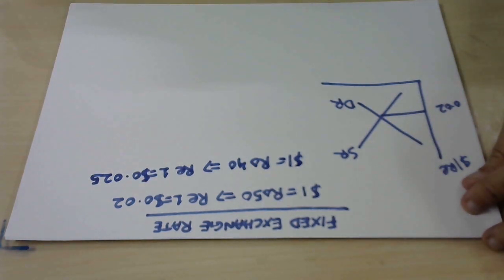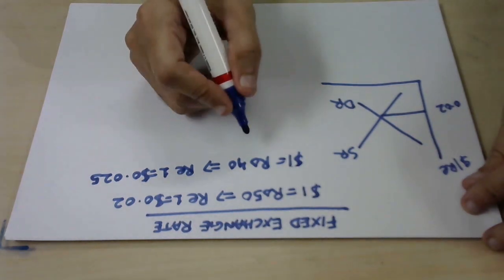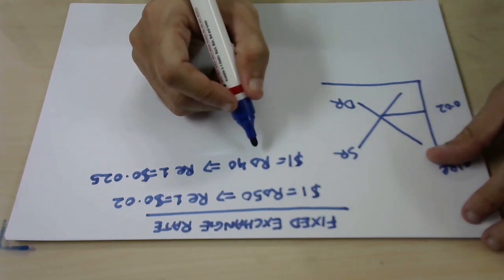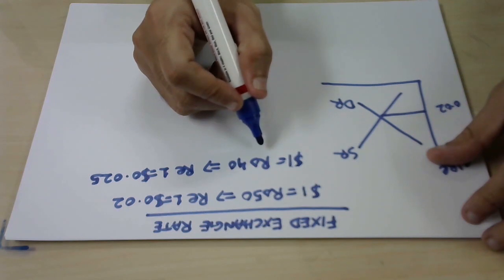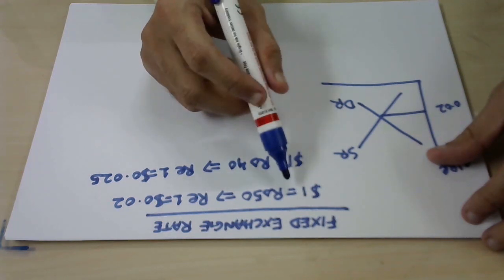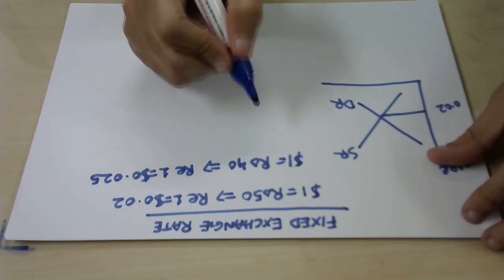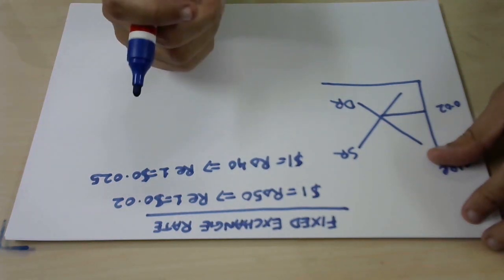Now what will happen? The central bank is remaining committed to give 50 rupees, so I will take 40 rupees, buy $1 from the market, and sell this $1 to the central bank to get 50 rupees, so that I would have made 10 rupees profit in the process.